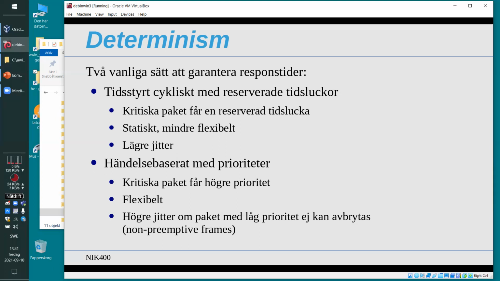The other approach of building or guaranteeing response time is to use priorities. That can be used with the more normal networks. All nodes are allowed to send packets whenever they want, but they have different priorities. So critical traffic gets higher priorities.